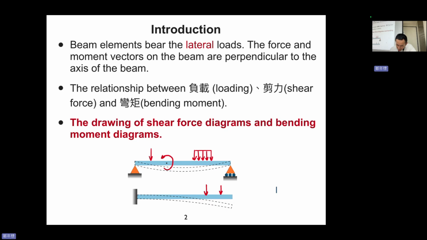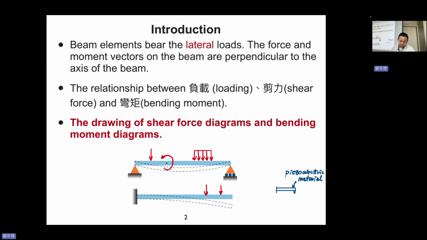Actually, it is a small beam with a needle at the tip. And this material is piezoelectric material.